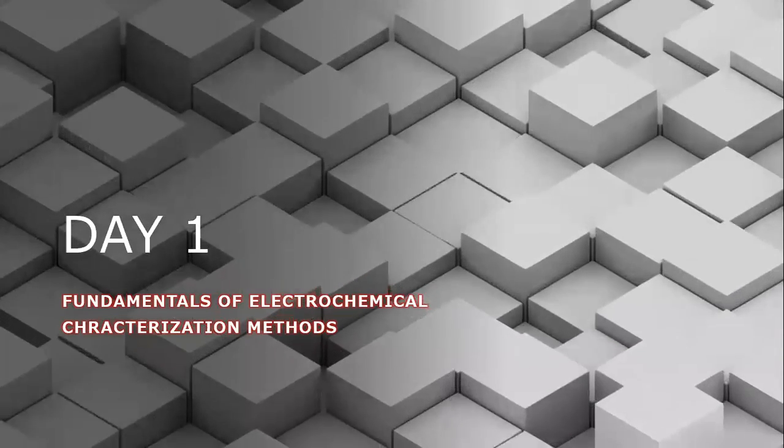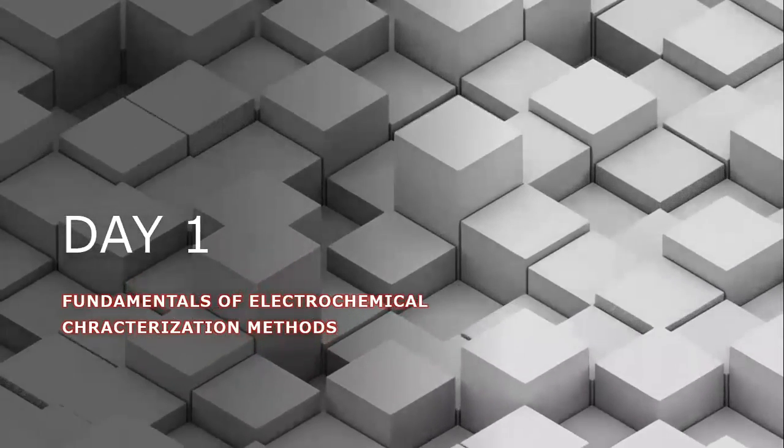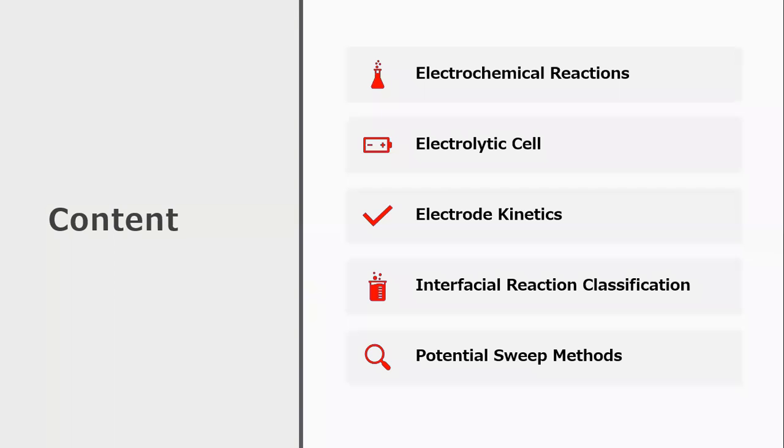In day one we couldn't finish the range of topics, so I'm going to go through it all. There was a problem with the recording of the previous session, so I'm going to cover it very quickly in today's presentation, and then I'll conclude the first part, which focuses on the fundamentals of the electrochemical method.